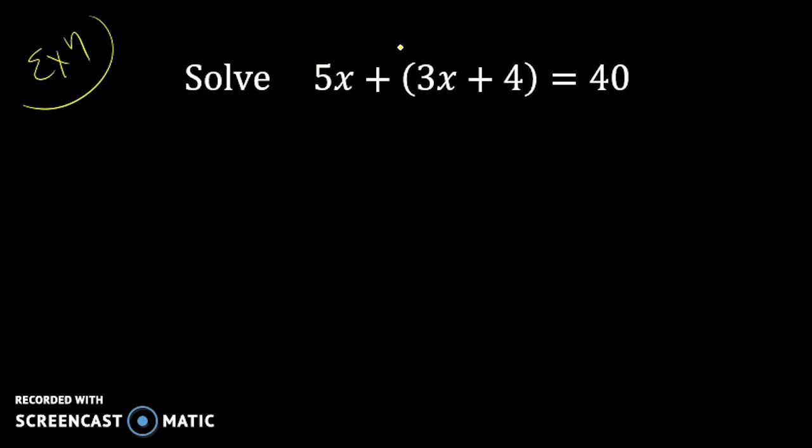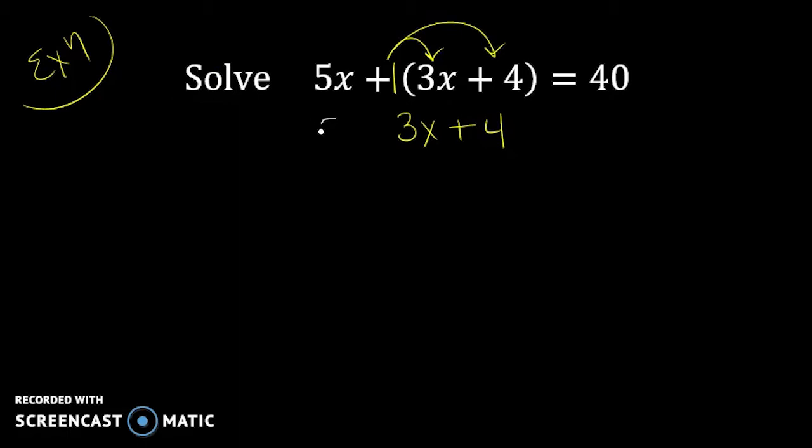Okay, so last one. Remember we have a positive imaginary 1 in front of our parentheses. So to get rid of the parentheses, we're going to distribute that. So positive 1 times 3x is just 3x. Positive 1 times 4 is 4. You can copy the rest of the problem down.